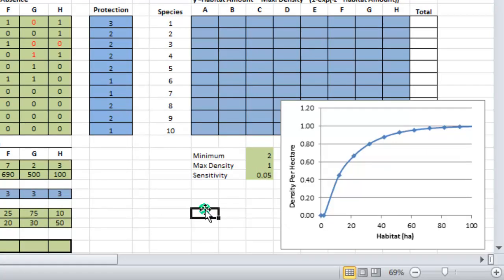This is critical from a reserve design perspective because if you purchased a reserve that had 80 hectares of habitat, you would be including individuals. This population can have 1 individual per hectare. So you'd be getting 80 individuals.